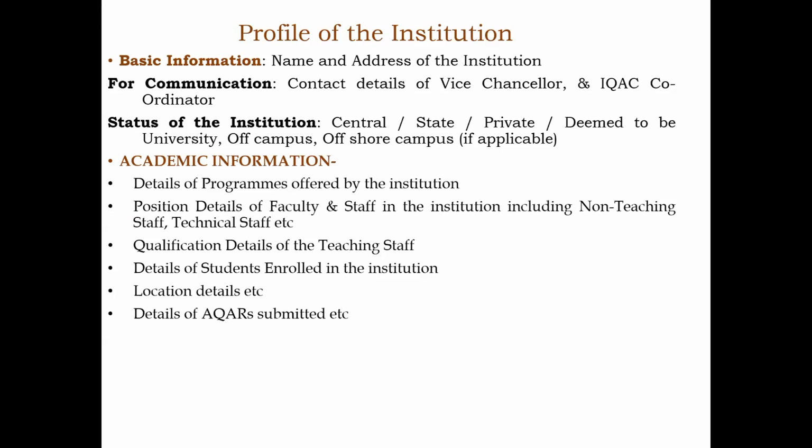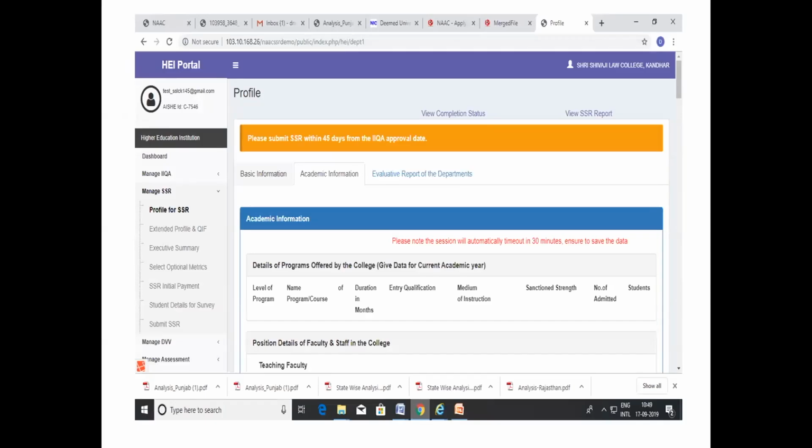Location, the geographical location in terms of state, city, tehsil, district where the institution is located, and details of AQAR. If you have subsequent cycles, then details of all such AQARs that have been submitted to NAAC have to be submitted. As already told, this is a unique HEI portal, and this is how it looks. The first step, the profile of the SSR, involves filling up the details here.